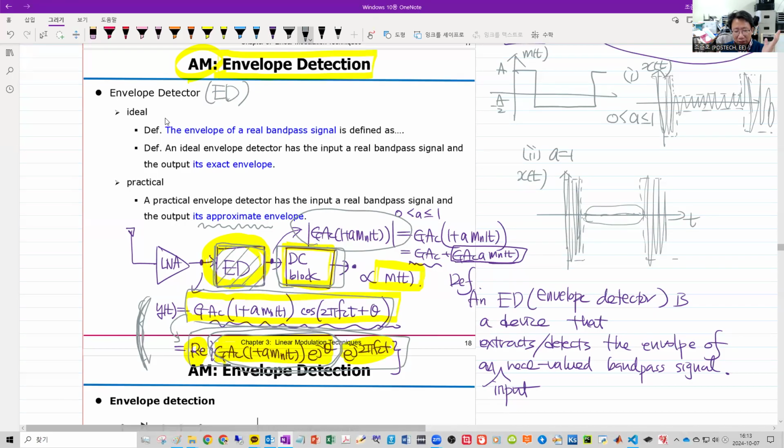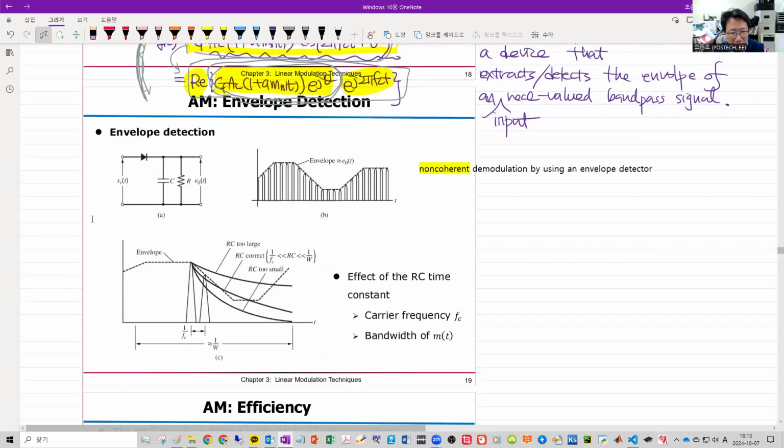That's actually the history. So let me show you an amazingly simple envelope detector, and you learned it in your circuits course already. And here is the detector. So this is a practical envelope detector that performs an approximate envelope detection.